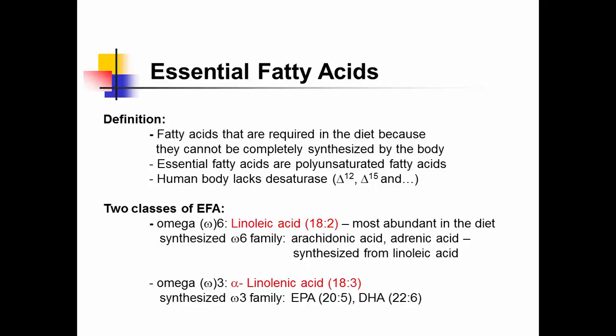They can be synthesized from alpha-linolenic acid in the body, right? So we only have 2 essential fatty acids, one from each category, omega-3 and omega-6: linoleic acid and alpha-linolenic acid, right? Essential fatty acids. Is that clear?